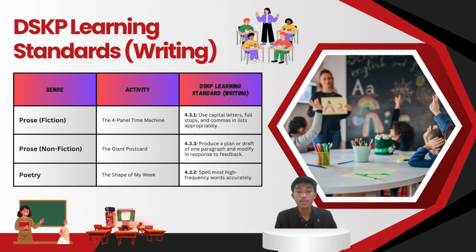Now let's move on to the DSKP learning standard, where the main skill focus is writing. We have three criteria here: genre, activity, and the learning standards. We have created three different activities and three different genres, and we have created some material for each.